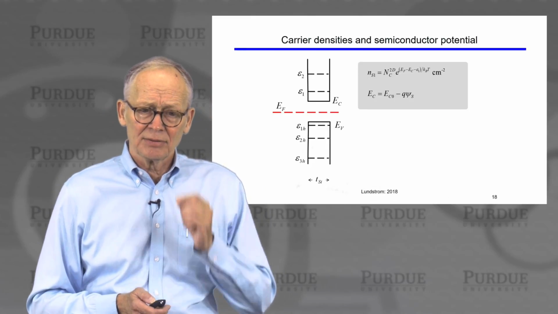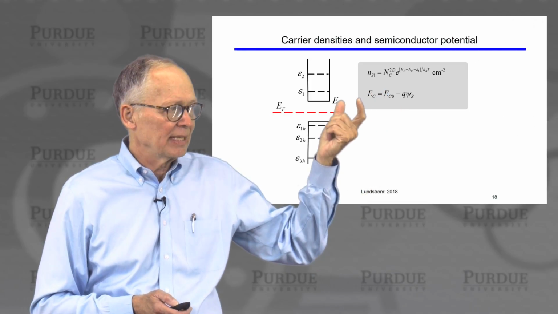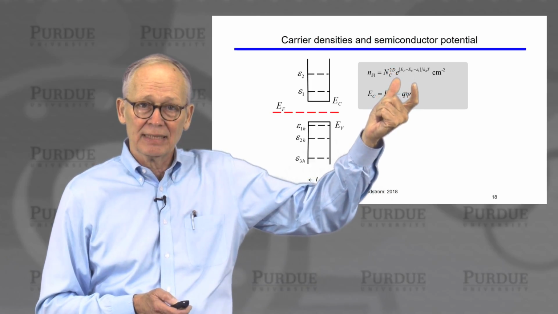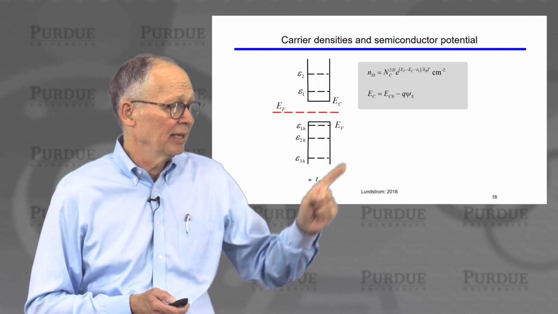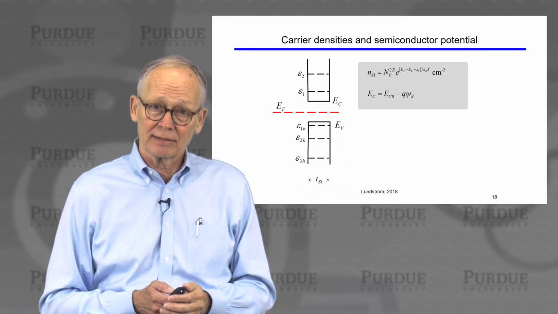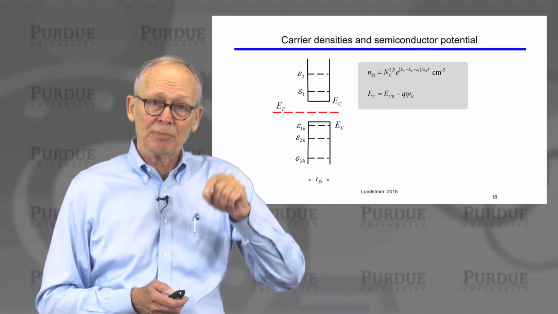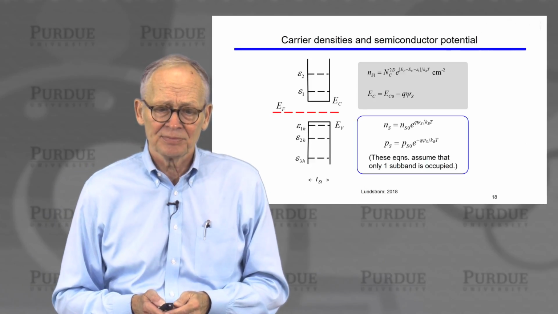Now, if we ask ourselves, what is the density of mobile electrons in this quantum well? It's going to depend exponentially on the separation between the Fermi level and the lowest energy in the conduction band that the electrons can be at. That lowest energy can move up and down as we change the potential of the semiconductor by changing the gate voltage.